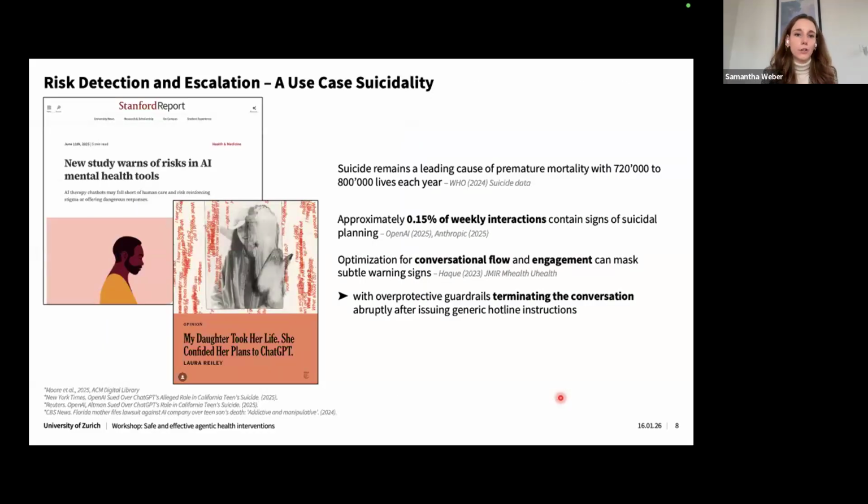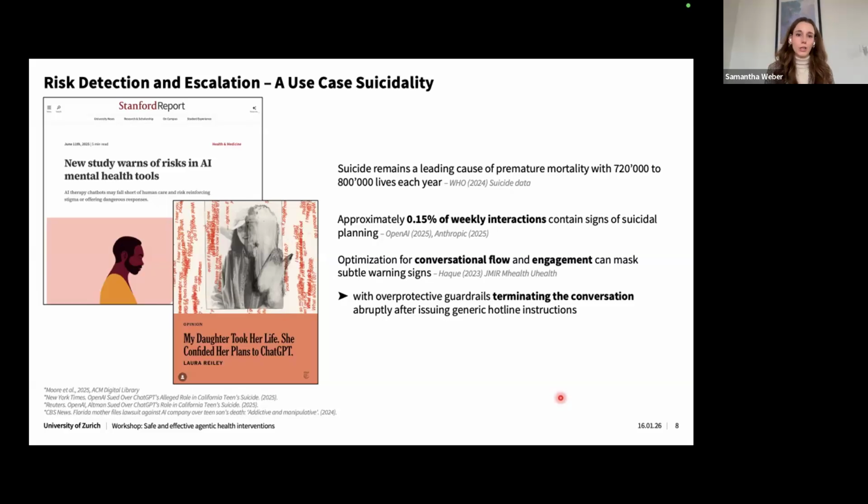And one use case here, probably one of the most critical ones, is in the field of suicide prevention. Suicide is still one of the leading causes of premature mortality, claiming almost up to 800,000 lives each year. On the other side, more and more people turn to AI chatbots, even general purpose models such as ChatGPT, for psychological support.